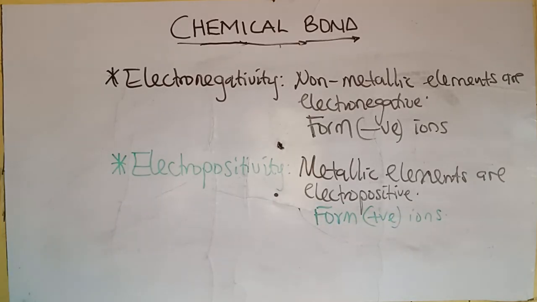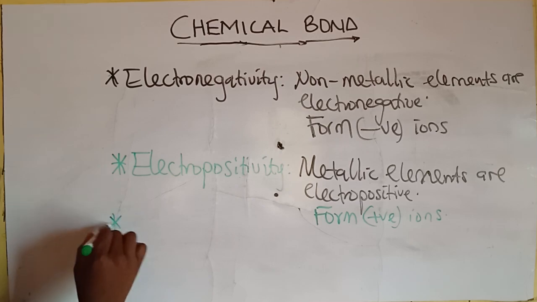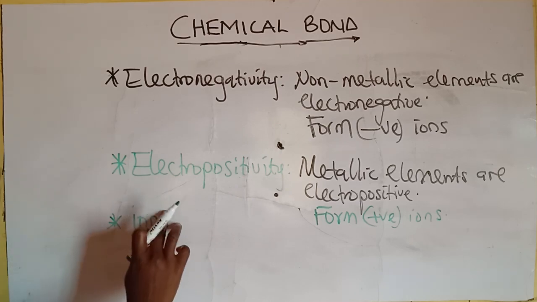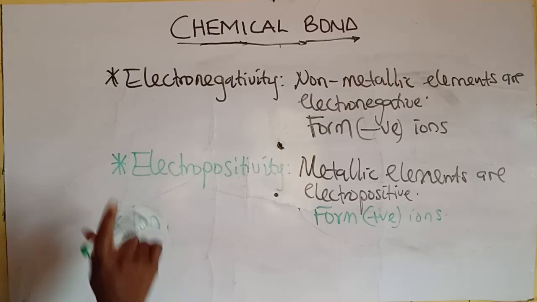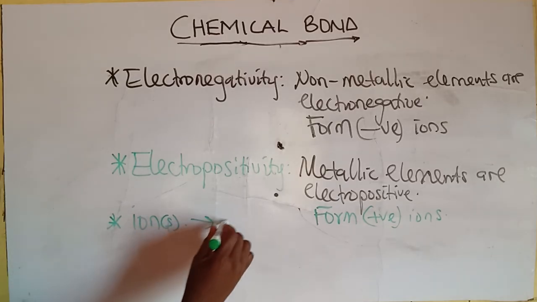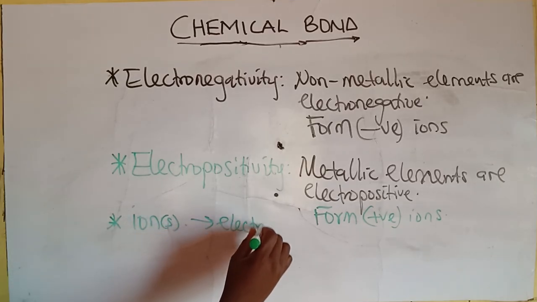Now, what are ions? An ion is an atom or group of atoms that possesses electric charge.